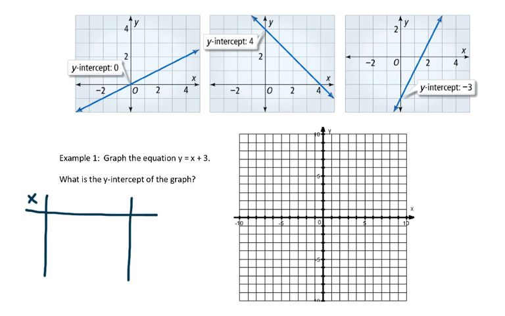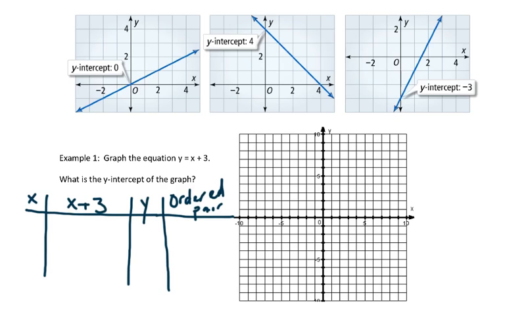The second column is going to be x plus 3, and I got that from here, x plus 3. And then the third column is going to be y. And then over here I'm going to write ordered pair. So I guess you could consider it to have 4, let's go ahead and make it 4 columns.